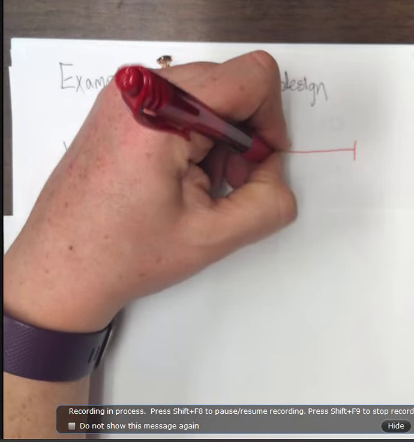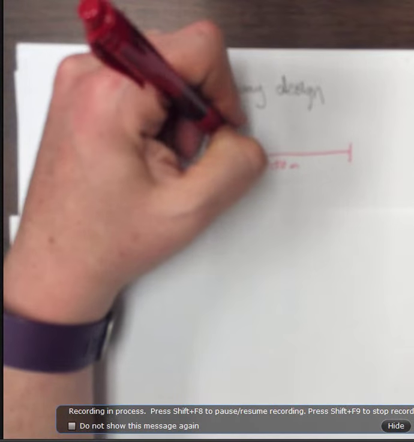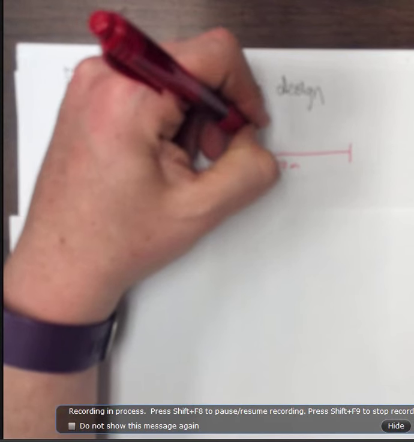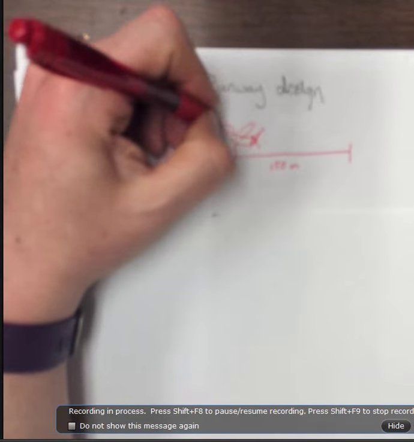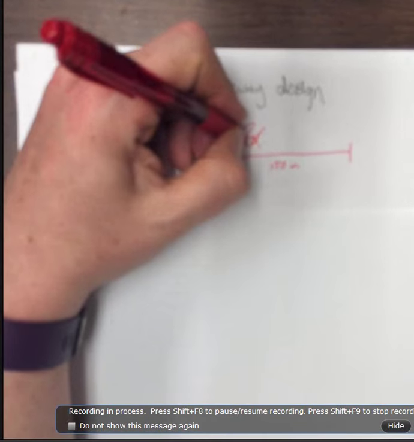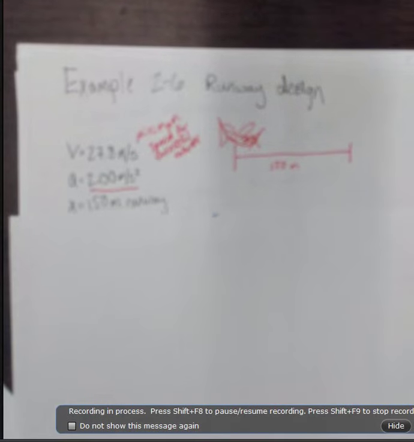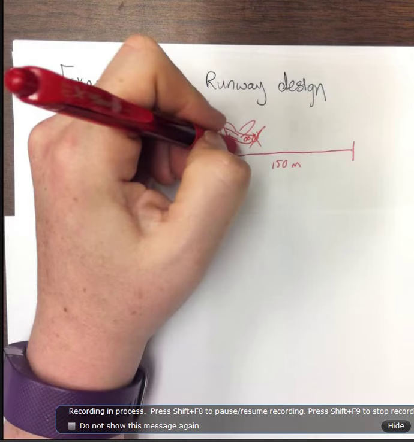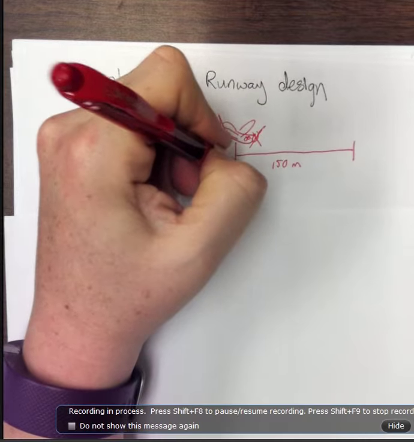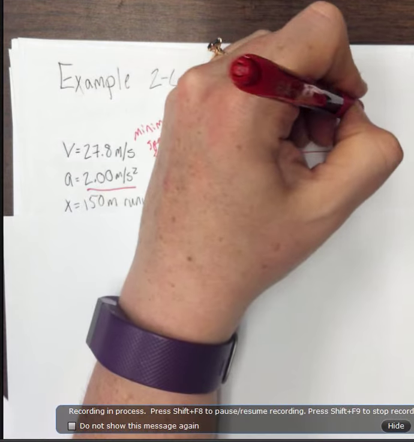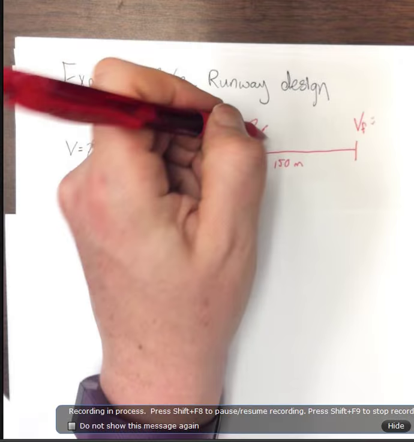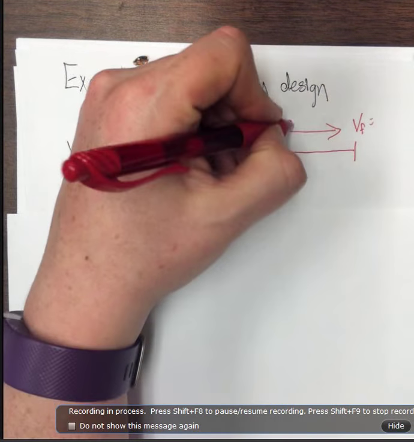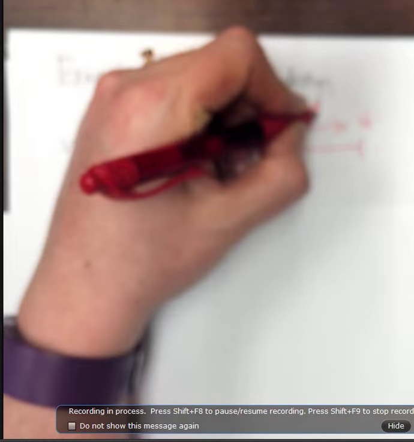It's 150 meters long, and we want to know, can our plane, this is what my plane looks like, it's like a fish with a nose. We want to know if it starts from rest, will its final velocity be this when it makes it over here if the acceleration is 2.0 meters per second per second.